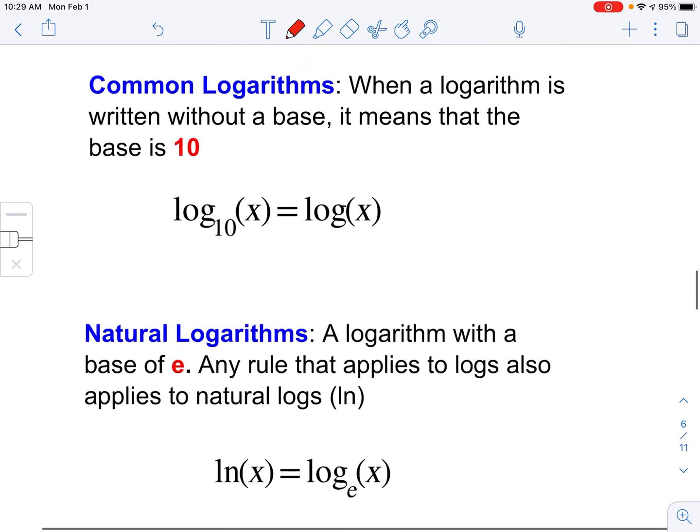Now, there's another button for another type of log with another type of notation. Hopefully, we remember from our last class that a base of e had the same properties of an exponential function when it was raised to a power. Well, we have a corresponding notation for a log with base e, which really means log base e, but it is written differently.